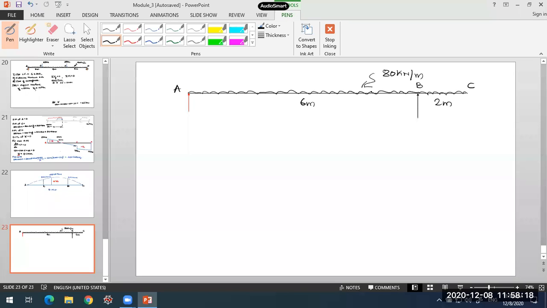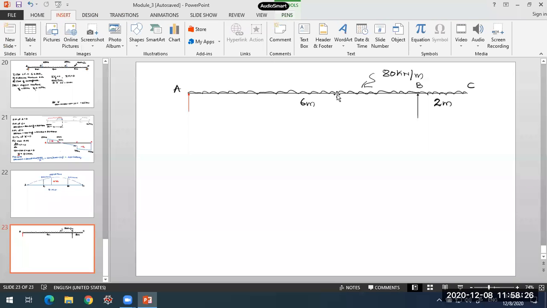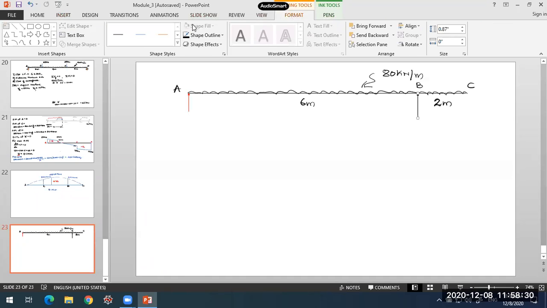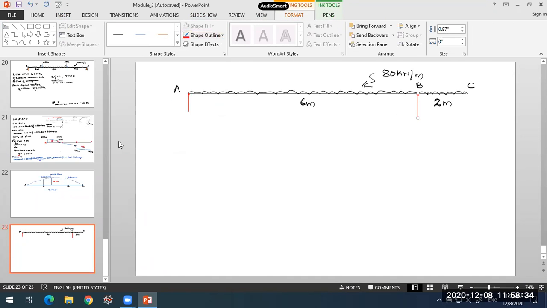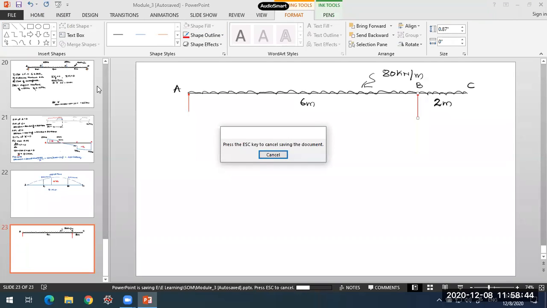Okay, just try with this one. What we have here in this problem is an overhang beam, the overhang portion is present over here. Same thing, try to find the maximum bending moment and the point of contraflexure, and also plot the SFD and BMD.